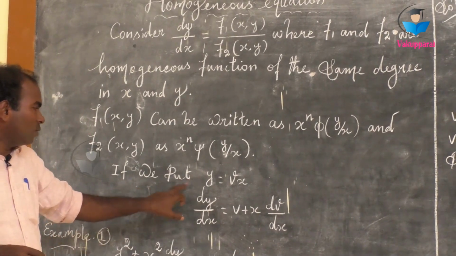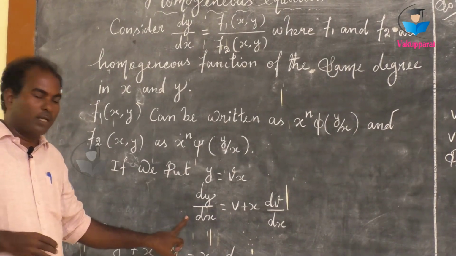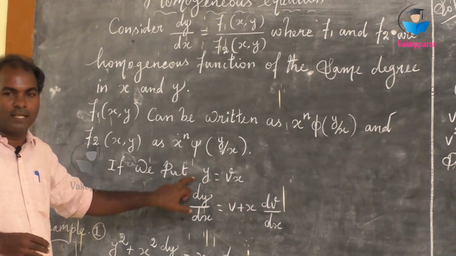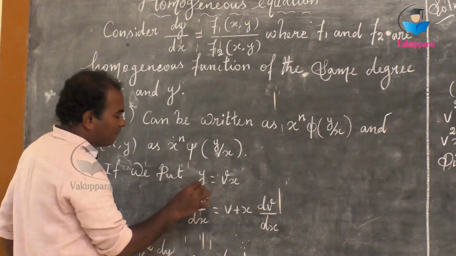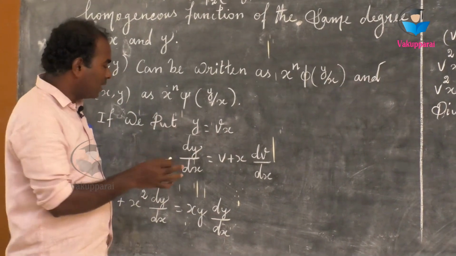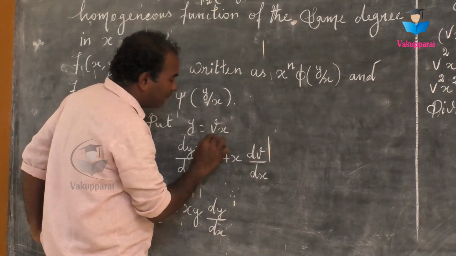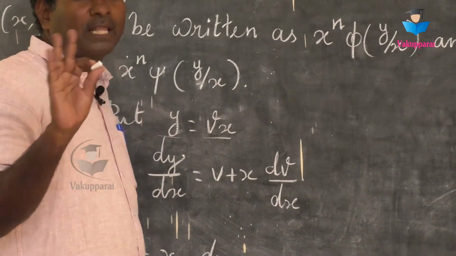Also, we put y equal to vx and differentiate to get dy by dx. Just differentiating. If you differentiate y by x, what will come? dy by dx. Also we are differentiating this vx by using the uv method.